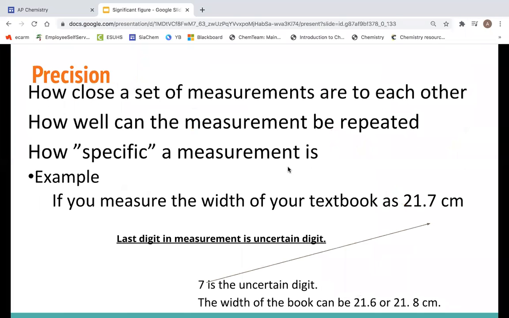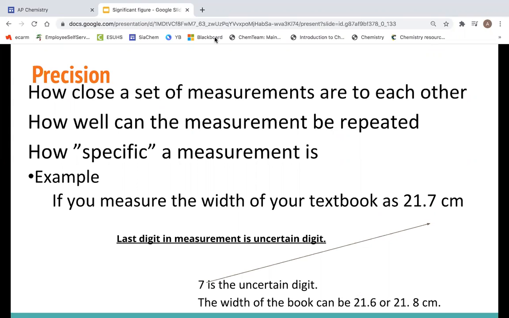All right, moving on. Precision is how close a set of measurements are to each other. It tells how repeatable the measurement is. So if you are throwing darts at the board, and all the darts are hitting the same mark, that means you just need to make some adjustment.